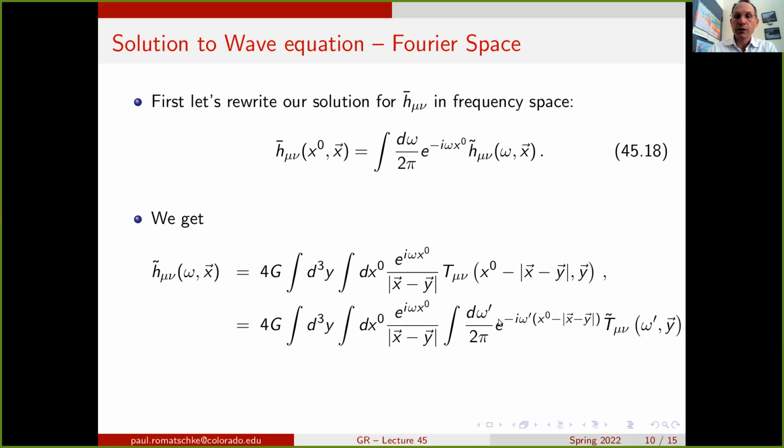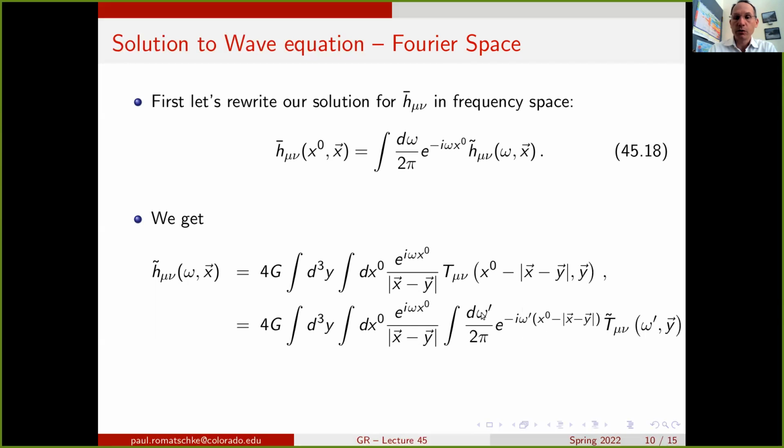Now we can further simplify this result by also converting the energy momentum tensor to Fourier space, which brings in this Fourier transformed energy momentum tensor and its Fourier factor. Then we recognize that there's an integral over x0 where the dependence is just in this exponential and that exponential.